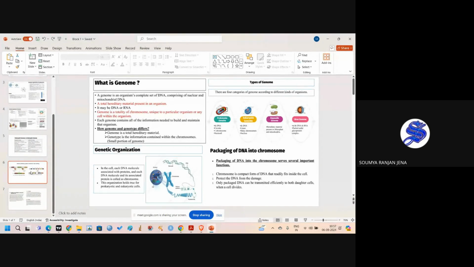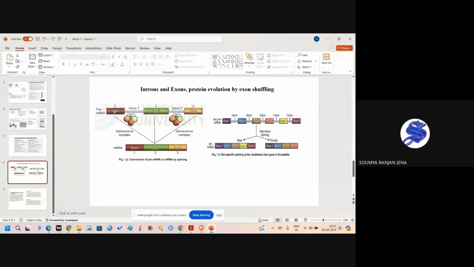Then from DNA, the mRNA structure is transcribed as pre-mRNA molecules. These pre-mRNA molecules contain one exon, one intron, a second exon, a second intron, and a third exon. The exons are protein coding regions, and the introns are non-protein coding regions.